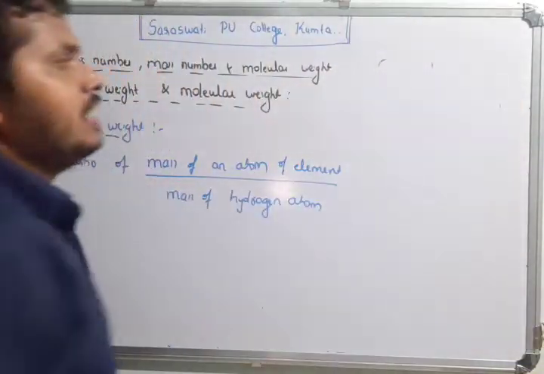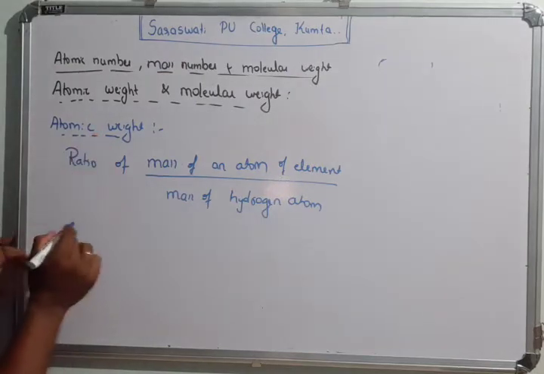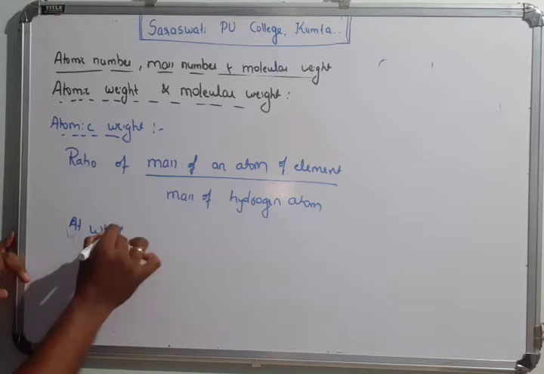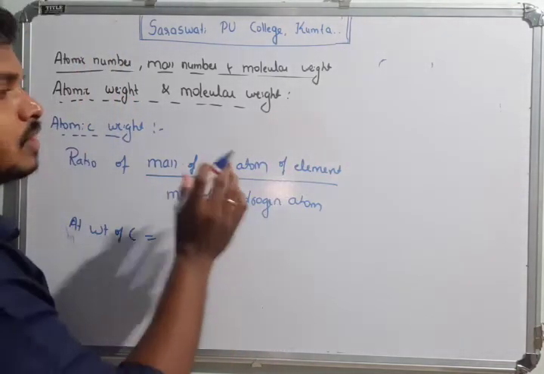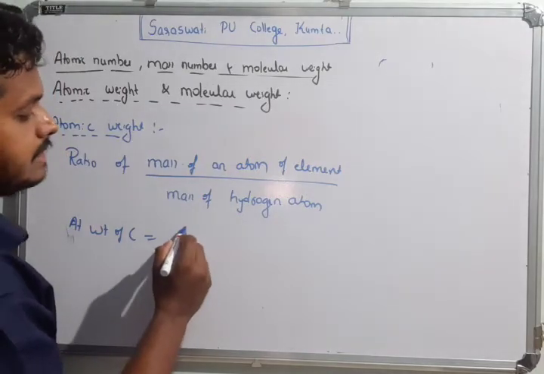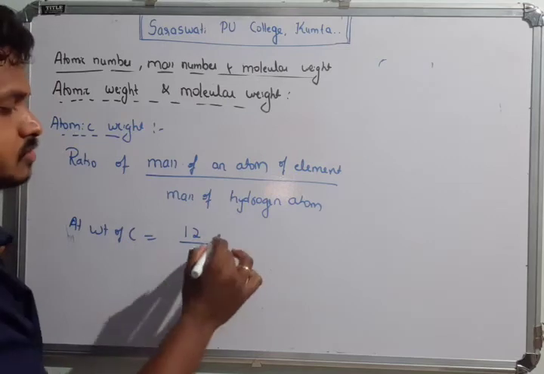So what is this now? Let me take the atomic weight of carbon. The mass of one atom of carbon is 12 times compared to the mass of hydrogen, so I'll get 12.